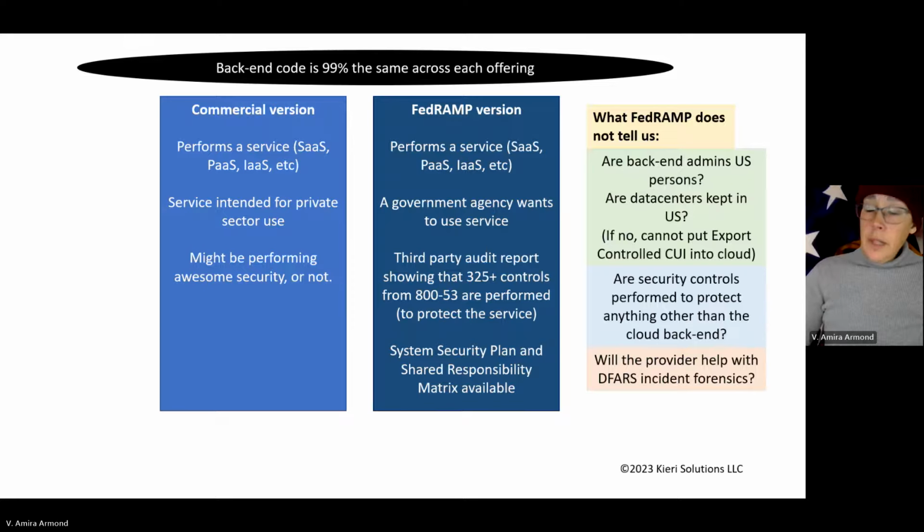The next thing that FedRAMP does not tell us is whether security controls are performed to protect anything except for the back end, right? So when we look at the different types of cloud services, software as a service, platform as a service, infrastructure as a service, there are radically different levels of security provided by the cloud for each of these types of services.